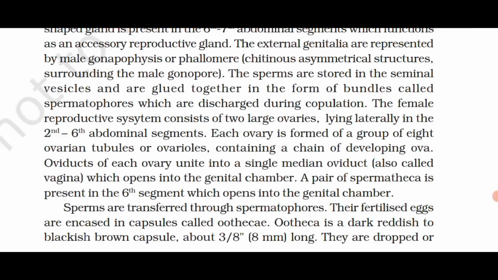Oviducts of each ovary unite into a single median oviduct, also called vagina, which opens into the genital chamber. A pair of spermatheca is present in the sixth segment, which opens into the genital chamber.